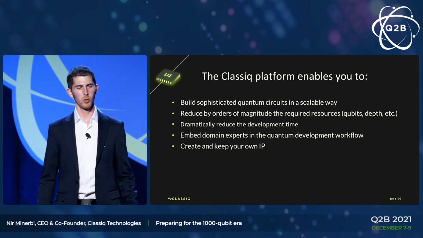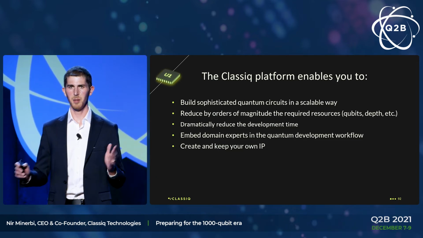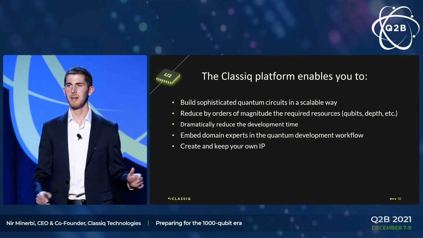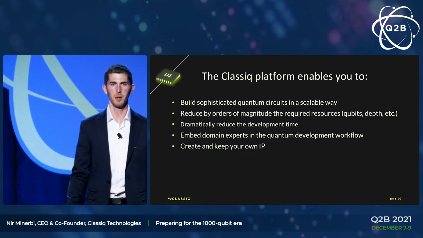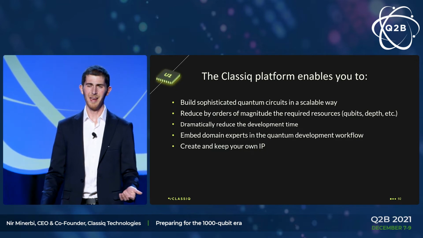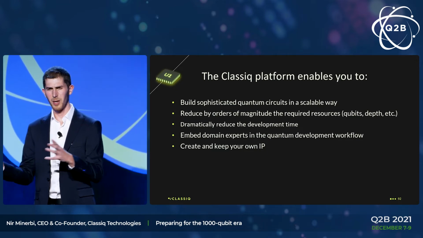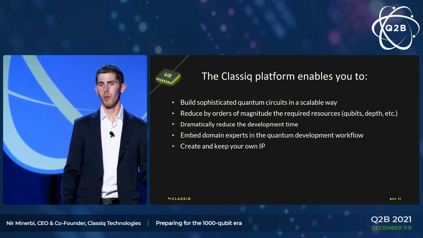Then it also reduces the required resources by orders of magnitude because, as I said before, sometimes you design some fantastic quantum circuit and you need to use 70 qubits. You don't have a reasonable 70 qubits today. And then you find another implementation of the same functionality with 35 qubits, which we see all the time, so you can run it all of a sudden.